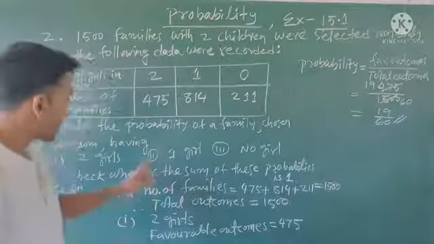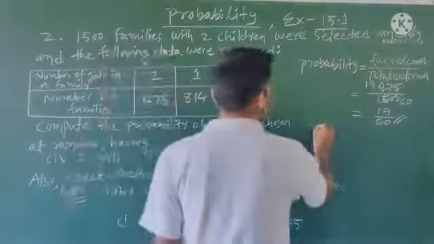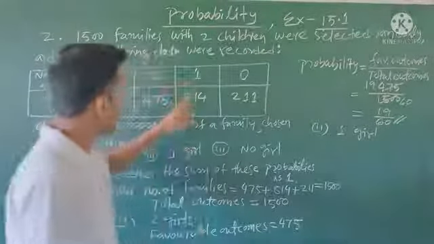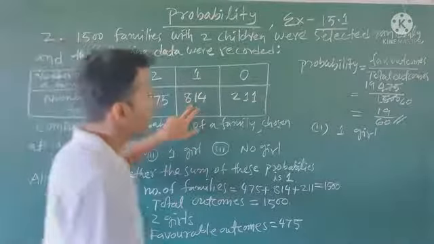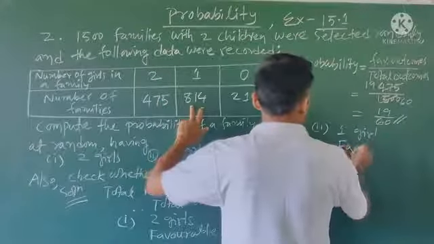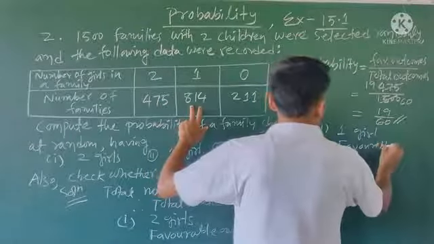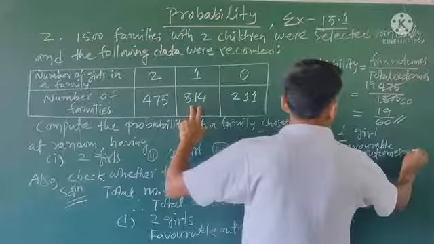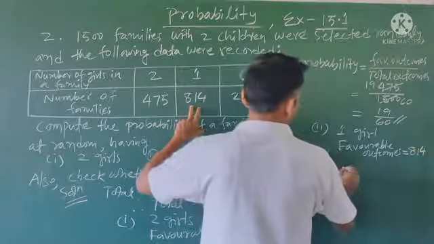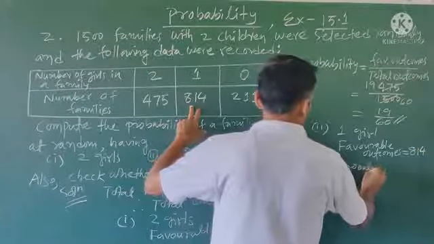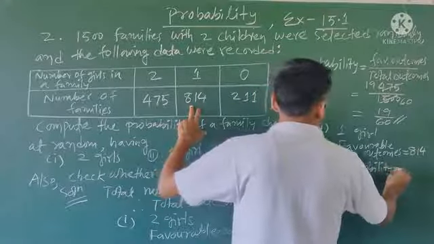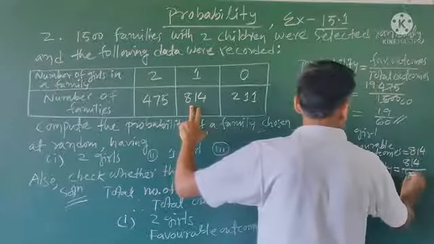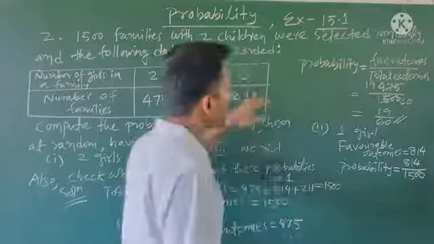Okay. Now see number 2, 1 girl. How many families have 1 girl? 814. So favorable outcomes is 814. So probability is favorable outcomes divided by total outcomes. The same formula, okay?